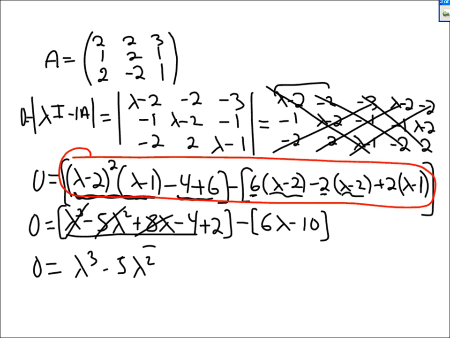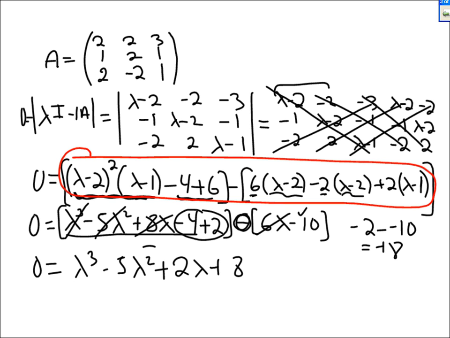If you have 8 lambda and you're taking away 6 lambdas, you have 2 lambdas. This number is negative 2. Let me put it down here. And you want to take away negative 10. This happens to be plus 8. That is the characteristic polynomial.